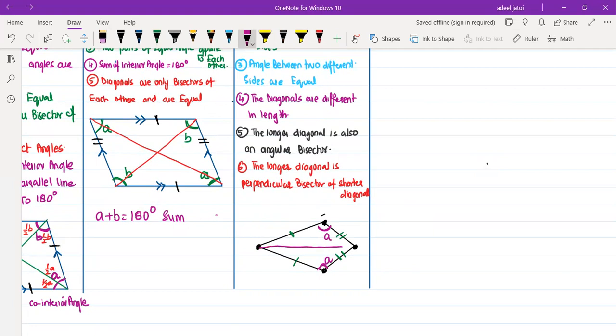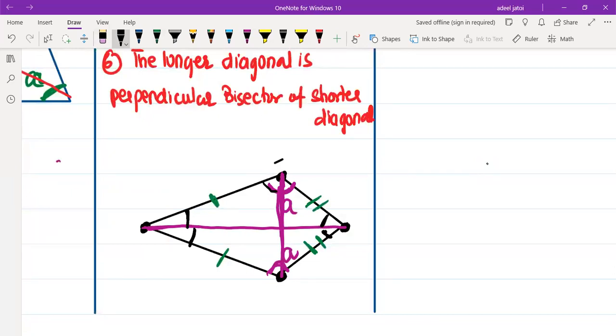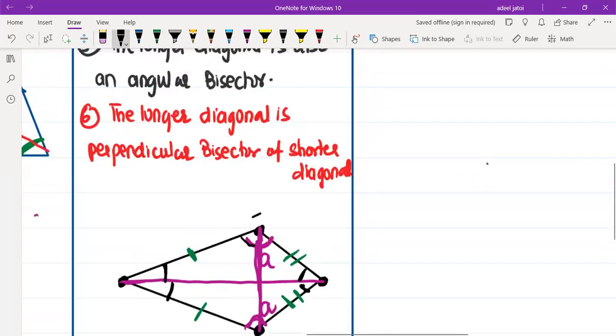A straight line created from point to point and another straight line created from point to point. These are of different length. Then the longer diagonal is also an angular bisector. That means it is dividing the angles. These two angles will remain the same, A and A, but these two particular angles will be divided.